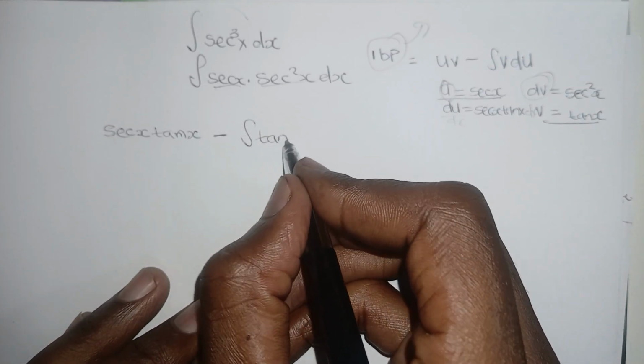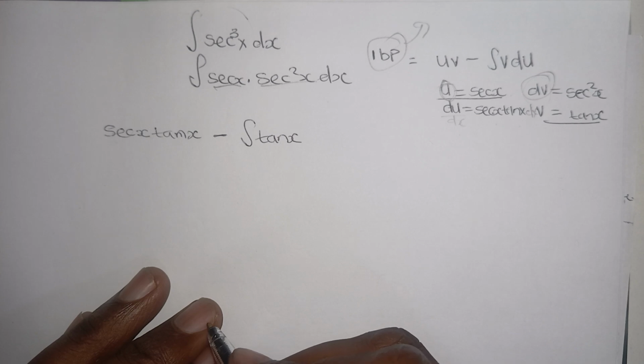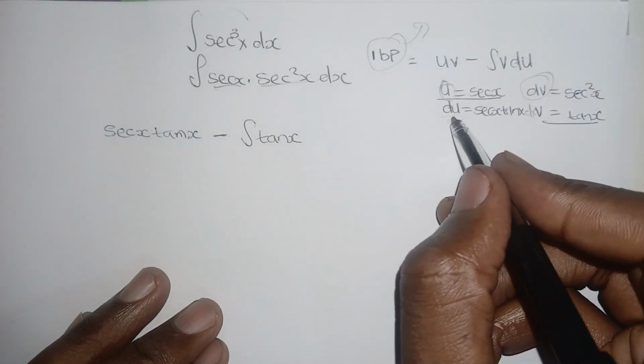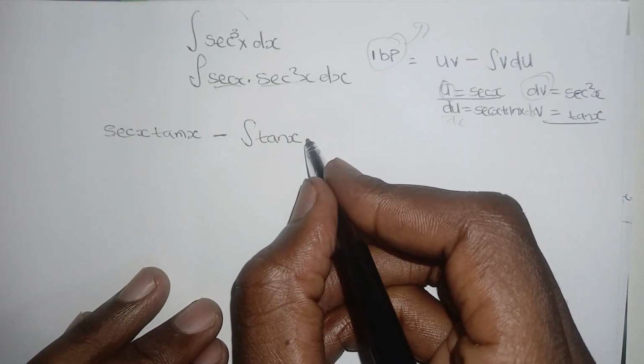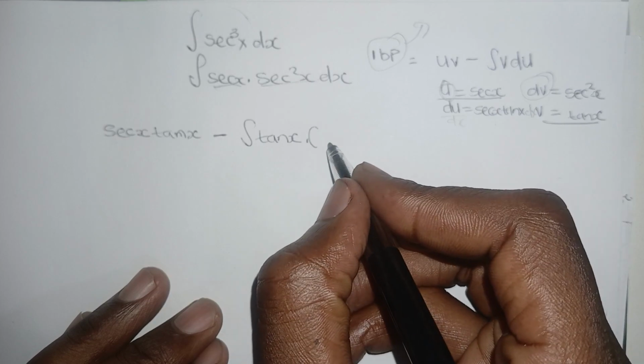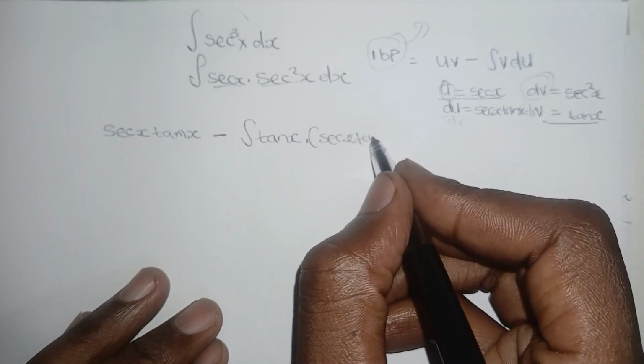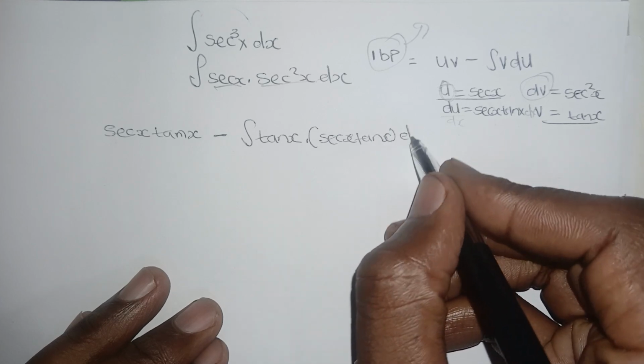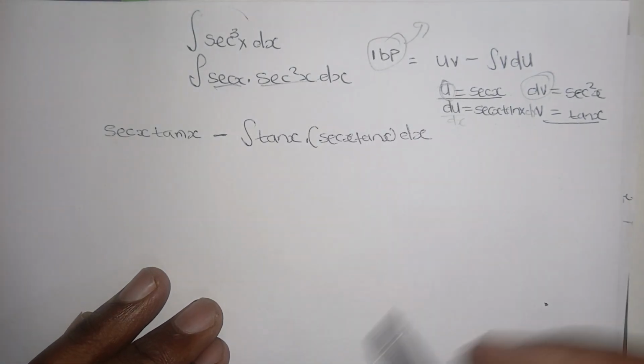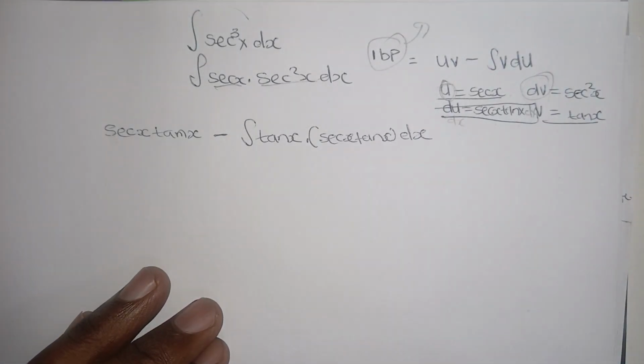Then the integral of v is just tan x, right? Now, what is our du? Our du is sec x tan x dx. That's our du.